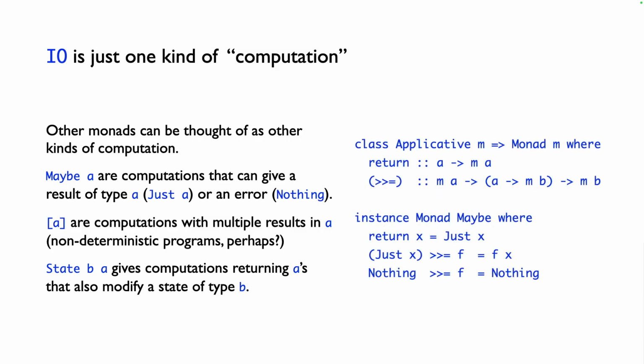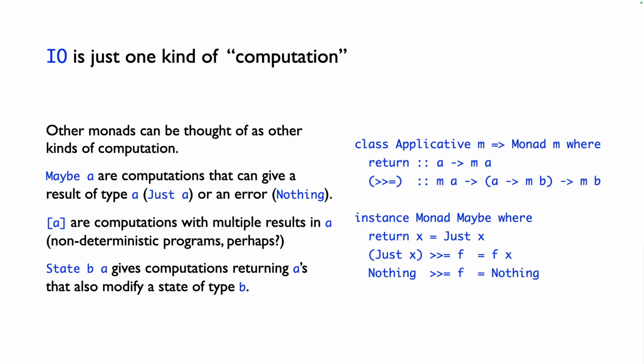So what about the instance of monad for the maybe type? Well, for return of x, the thing that converts us from type A to type maybe A, we just apply Just. Now, what about applying bind, or greater than equal? Suppose the first thing returns Just x.